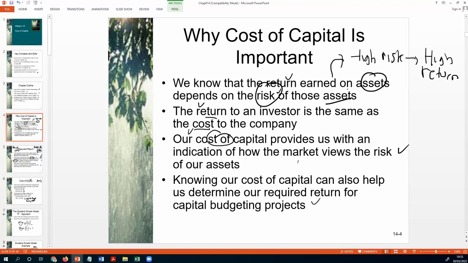So when you want to finance your business, you may finance it from debt or from equity. There is a risk on that.